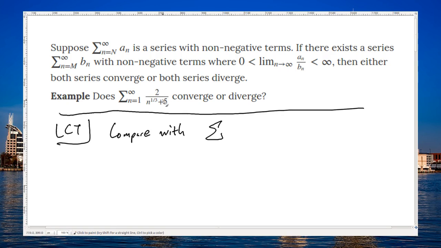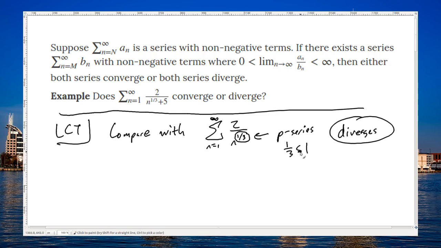For example, I could just drop off the plus 5, 2 over n to the 1/3, n equals 1 to infinity. And never mind the constant multiple on the top, what matters is that it's a p-series. And since 1/3 is less than 1, it diverges. Less than or equal to 1, actually, is enough to show that it diverges.